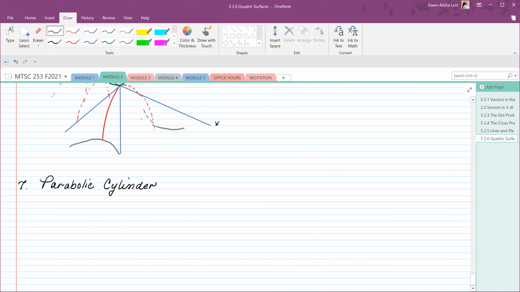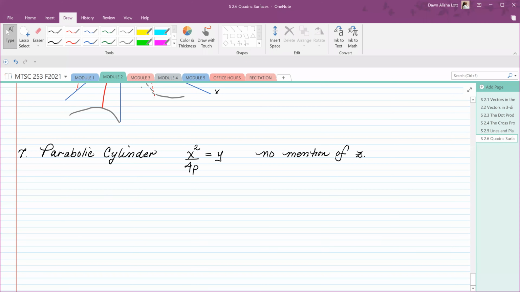So if you remember the parabola x squared over 4p equals y, where p was the distance to the focus. Okay, so notice there's no mention of z. So that means this happens for all z.